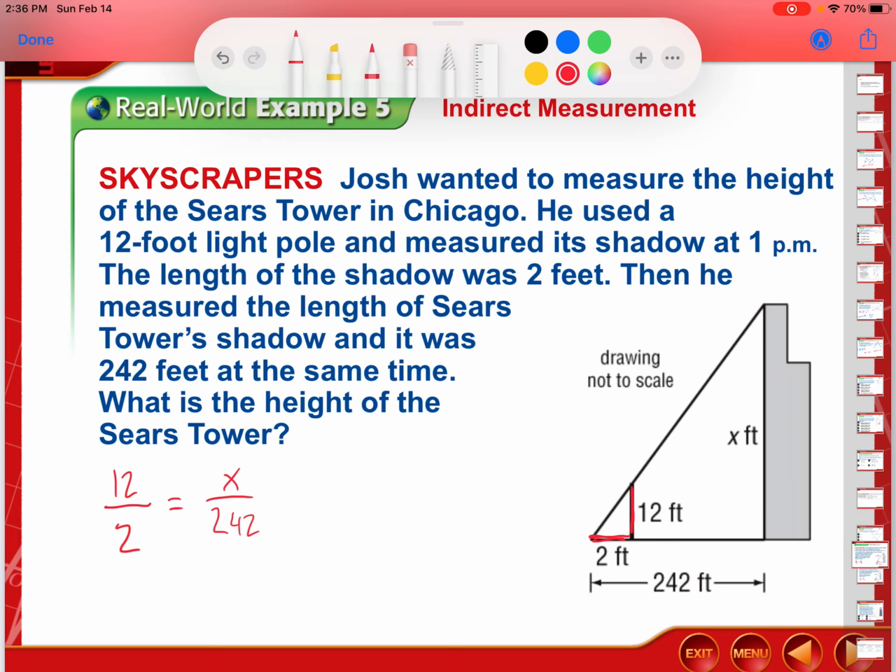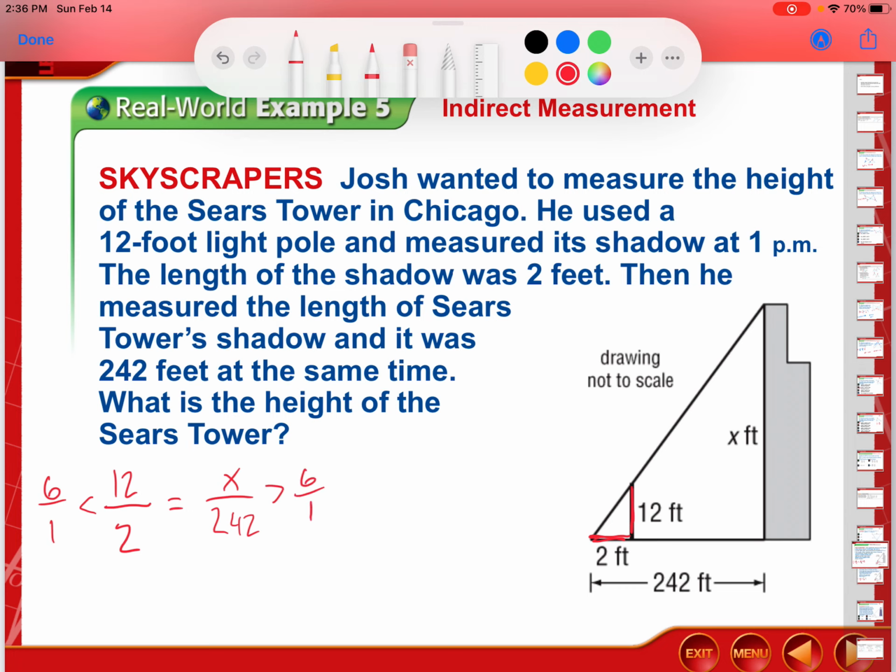So we can cross multiply to find the missing length of this abnormally large object that we wouldn't be able to figure out otherwise. Or personally I would say let's reduce this so we have 6 to 1.